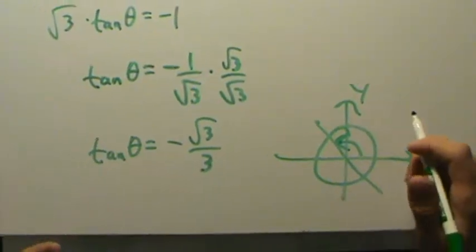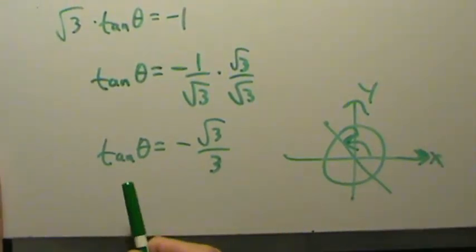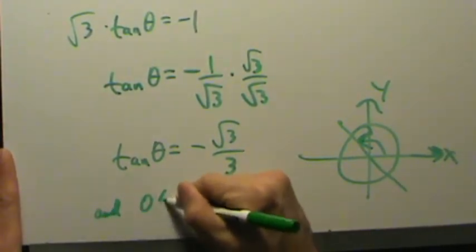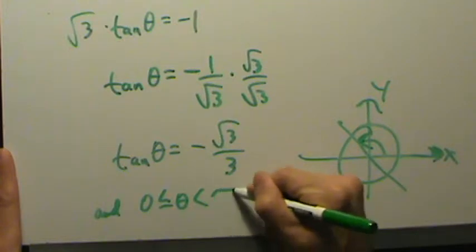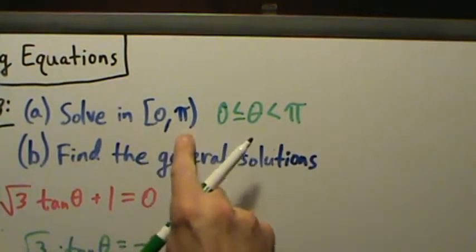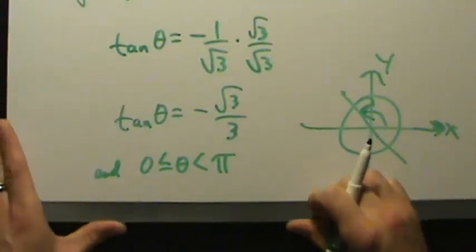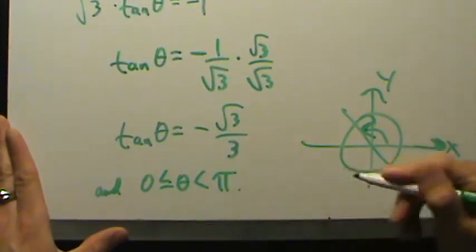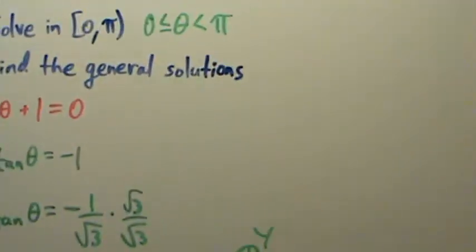And then from there you could say, okay, well, if tangent of theta equals -root 3 over 3, and 0 is less than or equal to theta is strictly less than pi, we know that from the restriction we're given here, solve in this interval. Okay. Then from the unit circle we can just say theta. So let's come up here then.